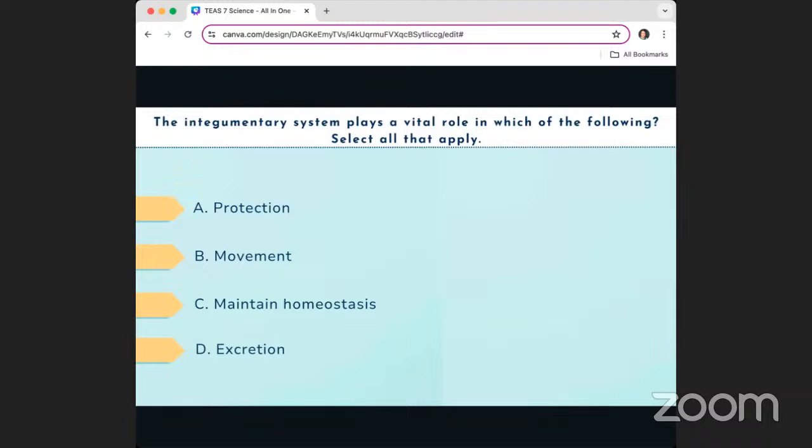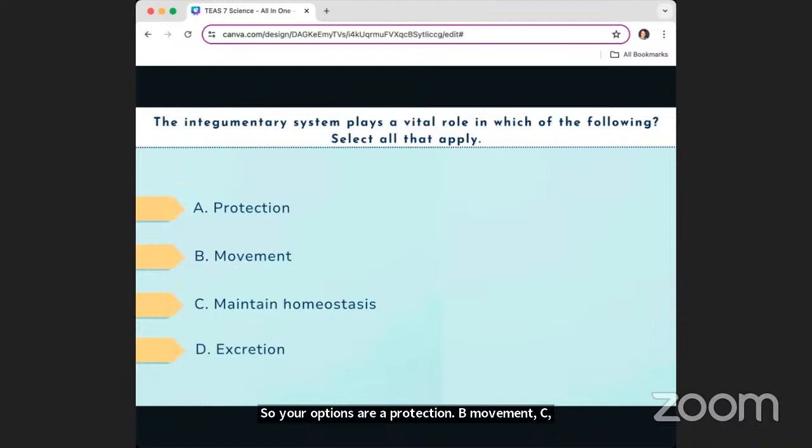All right, the integumentary system plays a vital role in which of the following? Select all that apply. So your options are A, protection, B, movement, C, maintain homeostasis, or D, excretion.